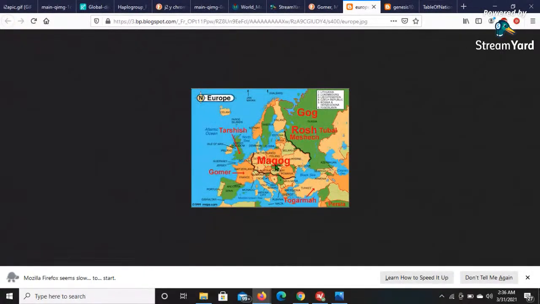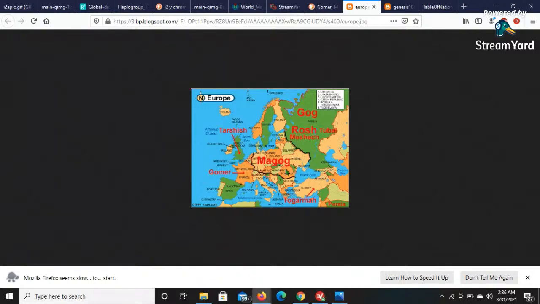Gog, Magog. Magog is not one of the sons. Magog is. So this is actually the area that's quite Semitic to this day and in ancient times too. So I don't know why they're calling this Magog over here.